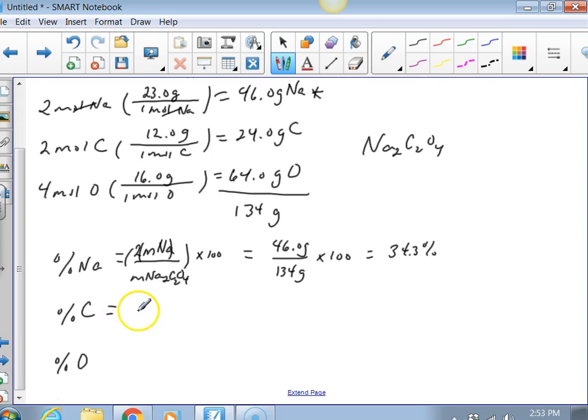Okay, so our percent carbon is going to be 2 times the mass of carbon divided by the mass of Na2C2O4 times 100. This is going to be 24 grams divided by 134 grams times 100.